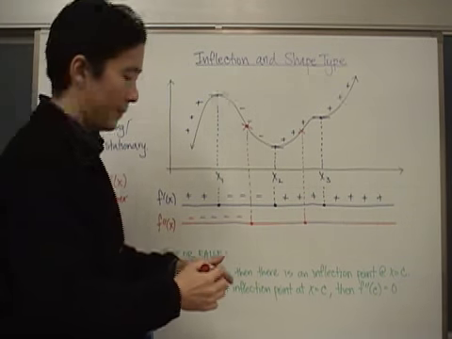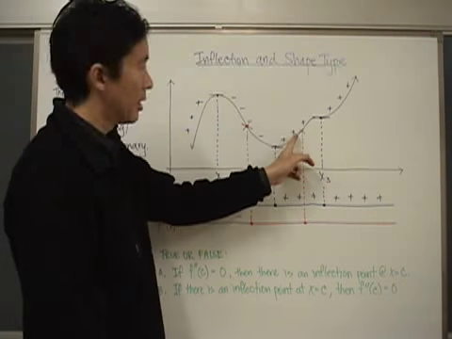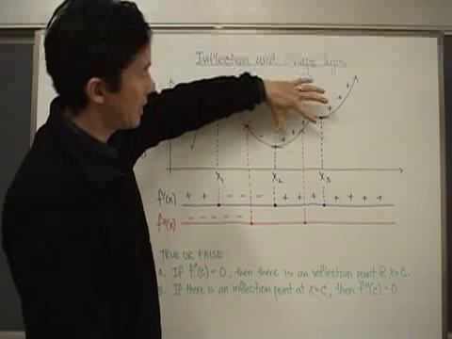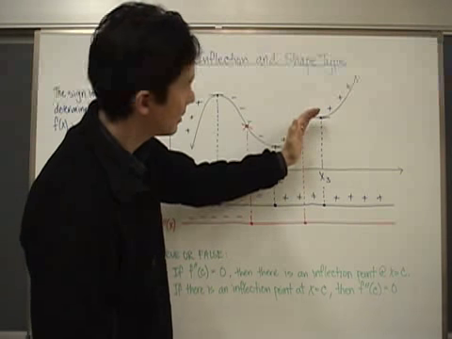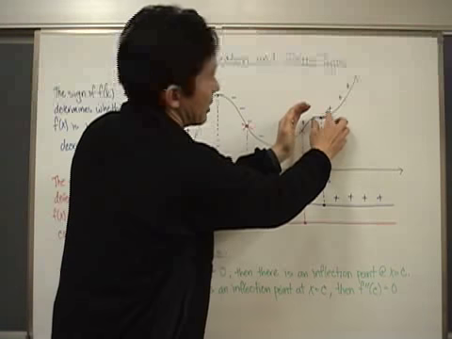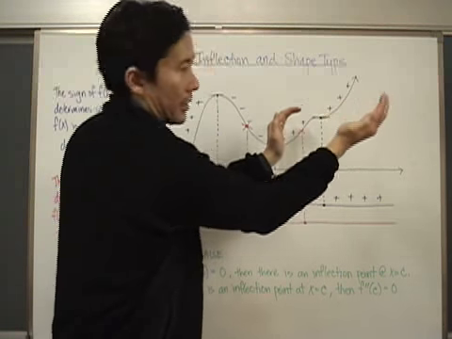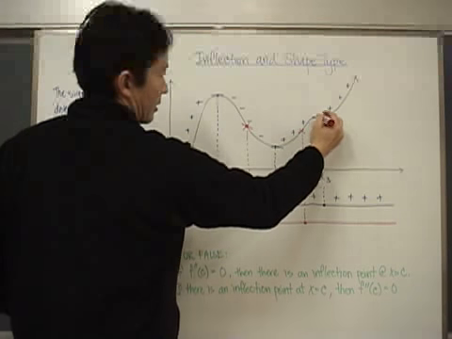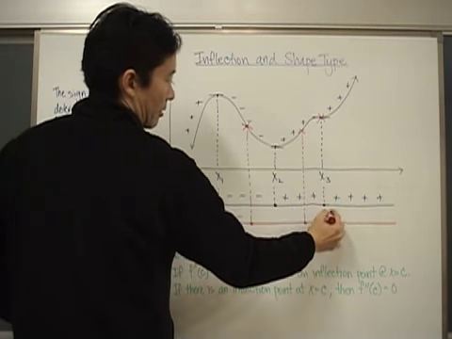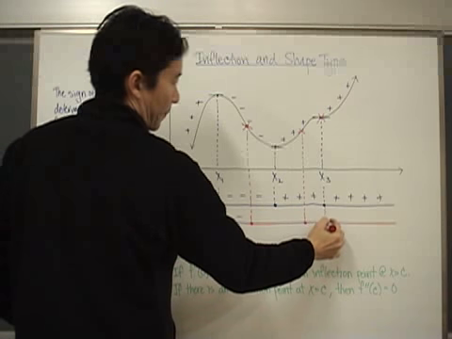Now, look at what happens at this particular point here. Notice that the concavity is down, right? This part is down, it's looking like that. And then this part over here is concave up because it looks like that. So we know that this point will also be what is called an inflection point.